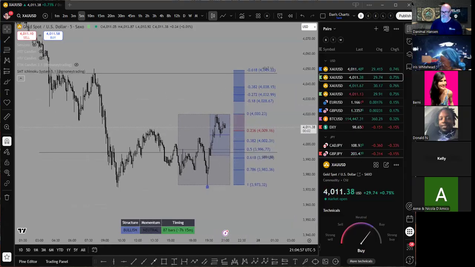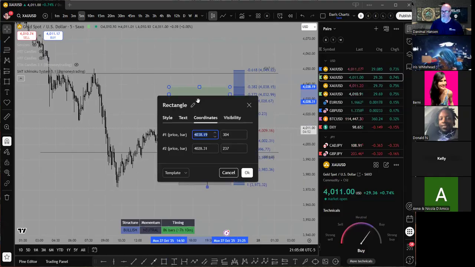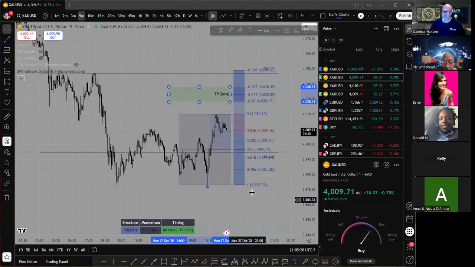So the first take profit zones are like right up in here. So that's our take profit zone one. We call it our TP zone. Somewhere in this area.